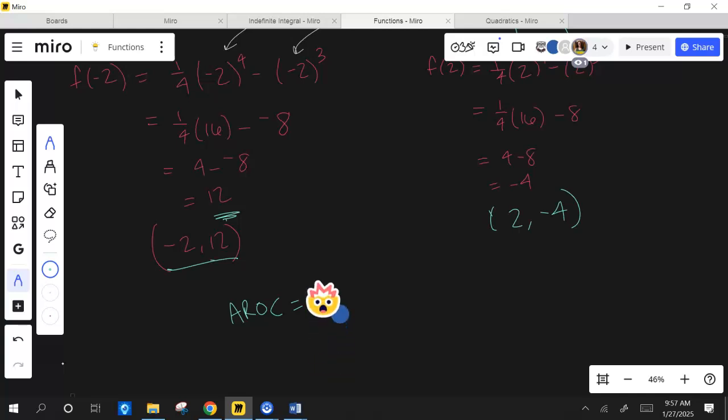Any of those work, right? 12 minus -4 over -2 minus 2. Watch these signs. You shouldn't get a 0 in the bottom here. If you did, it may be because you messed up on your sign.